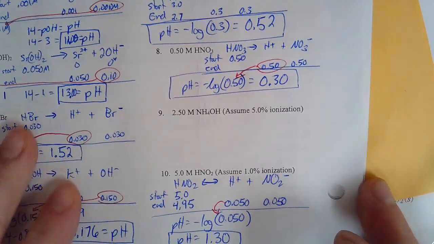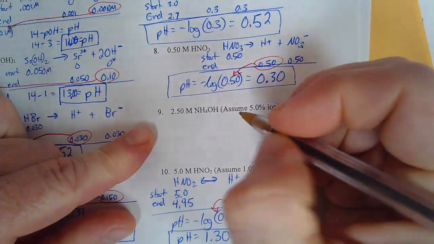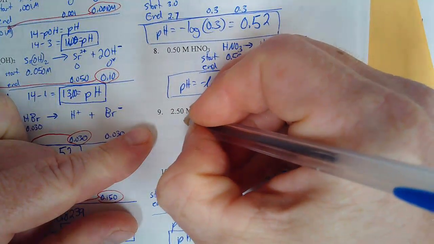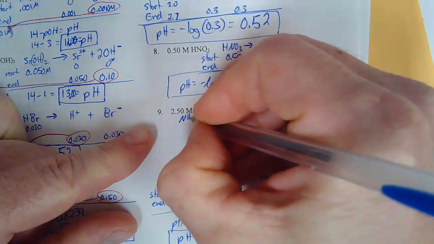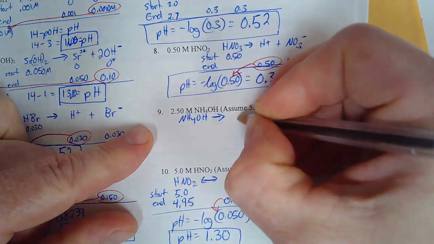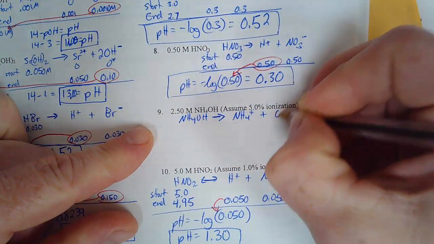And finally, I've got this ammonium hydroxide, which is a weak base. So I'll go through and take care of this, and then we'll call it good. The base, NH4OH, is going to form ammonium ions and hydroxide ions.